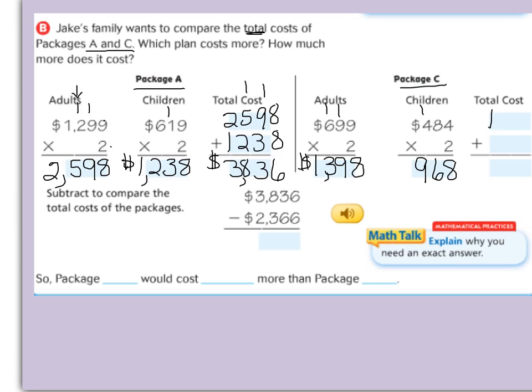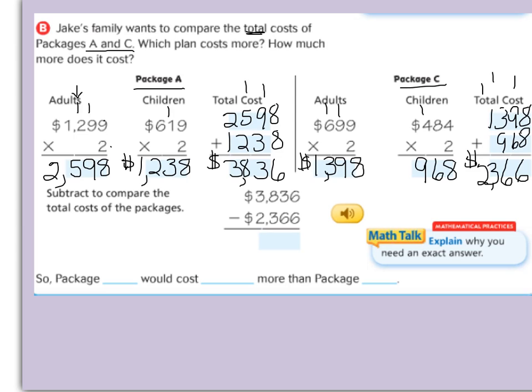And we will go ahead and add these up. It's not so easy when you're trying to write small with this. Let's see, 968. So this one's package C, 2,366.